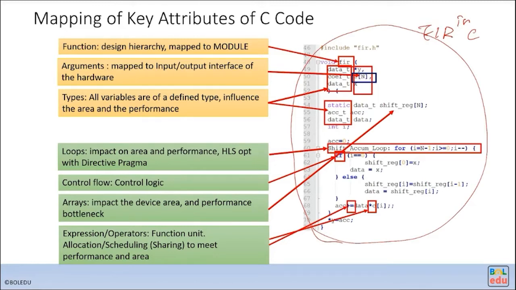First, you have a function name. The function name will map to the Verilog module. And you have an argument with the data type. The argument maps to the module I/O interface port, that's quite intuitive. And you have a type.